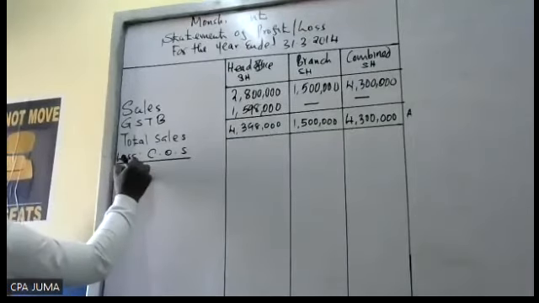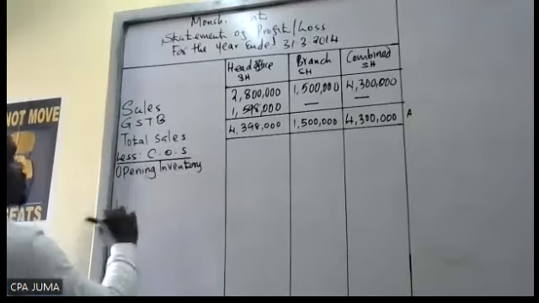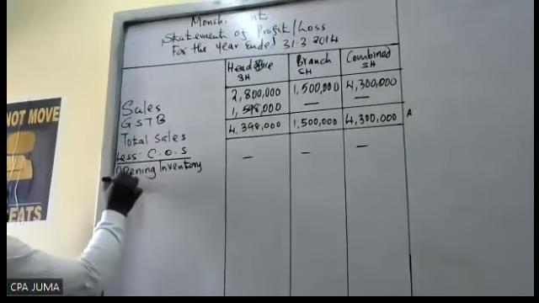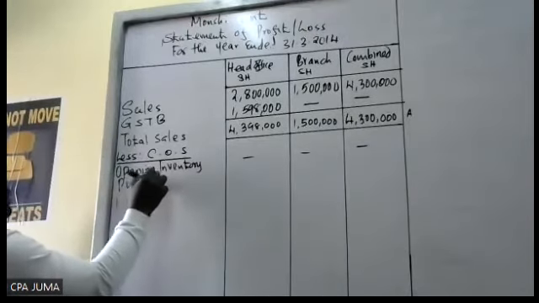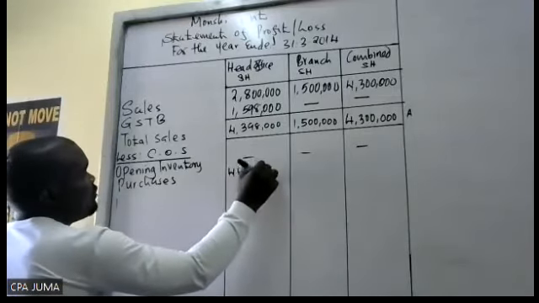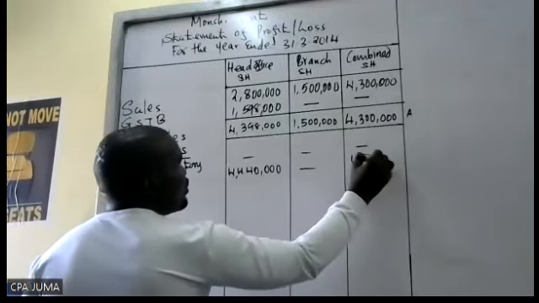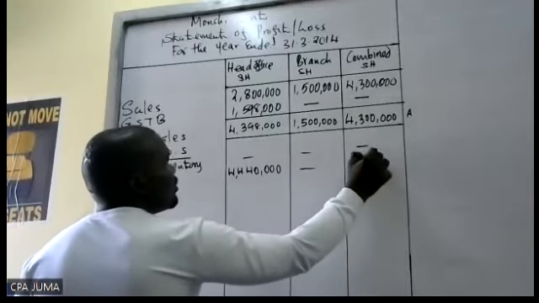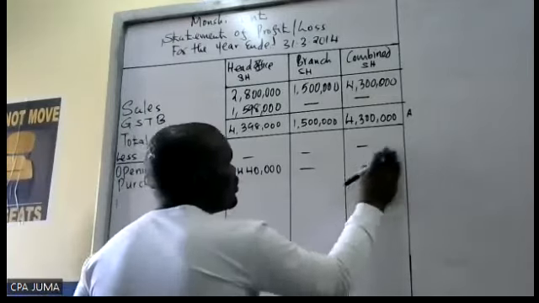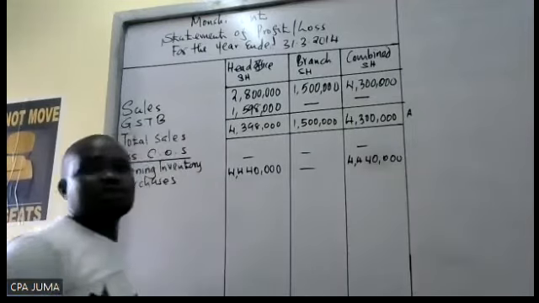Opening inventory. Opening inventory was not anywhere. There was no opening stock. You add purchases. Purchases, I remember, was only in the head office, 44, 40. Correct.